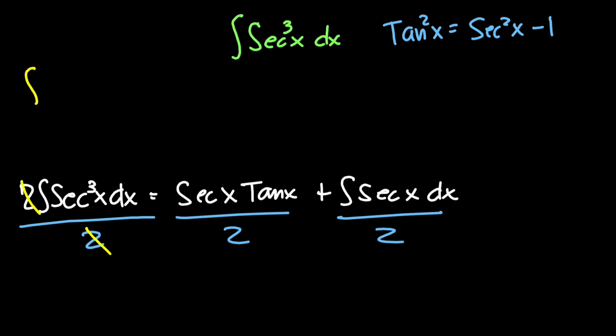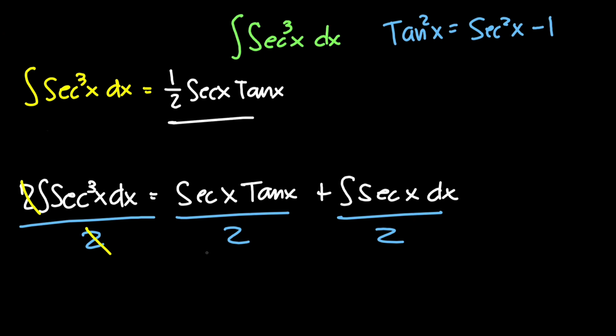Our result here would be the integral of secant cube of x dx. It reverted back to the original again. So for this, we can actually put this as 1/2 multiplied by secant x tangent of x. It is just the same. And also for this, just multiply it by 1/2, the integral of secant of x dx.